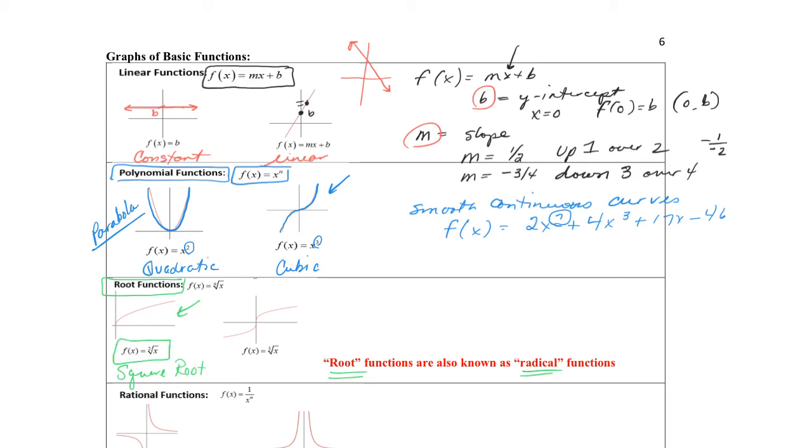And then finally a cubed root, and this is the graph. We can have even degree roots, like a square root, which is x raised to the 1/2, or we can have odd roots, which would be x raised to the 1/3, or the cubed root. So both of those, if we have even or odd, there will be some variation of each of these graphs.